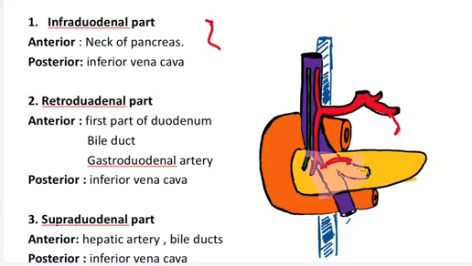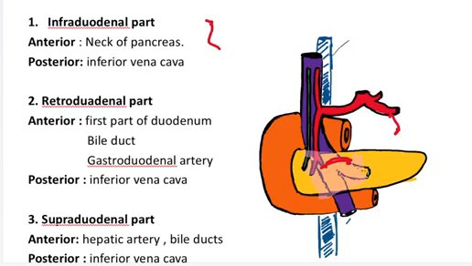So the structure that is present anterior to the infraduodenal part of the portal vein is the neck of the pancreas, and the structure which is present behind the infraduodenal part, that is posterior to the portal vein, is the inferior vena cava.